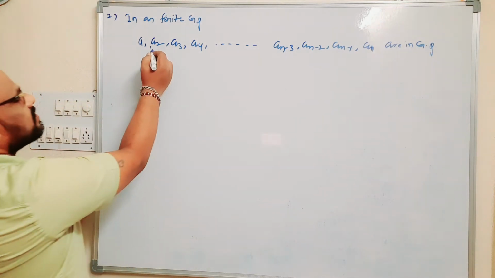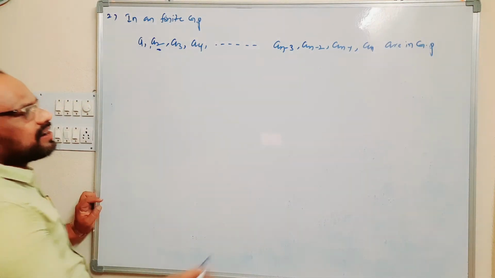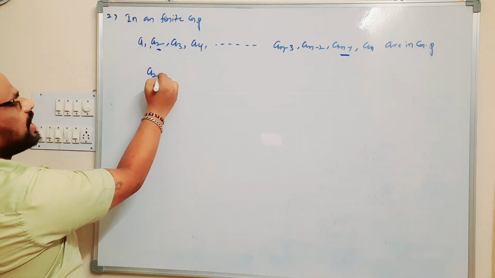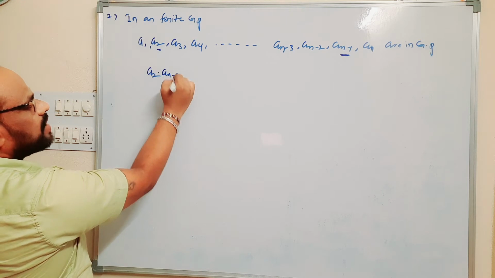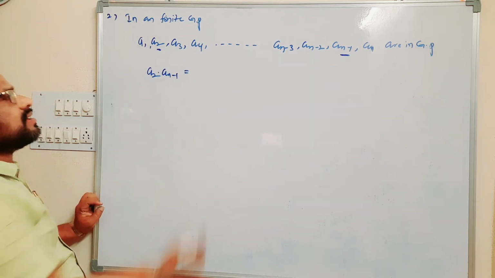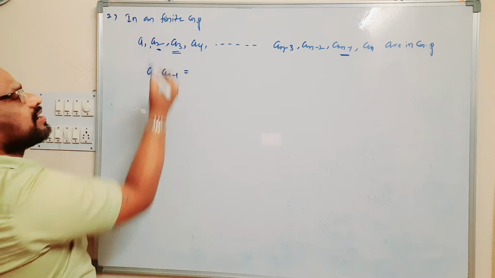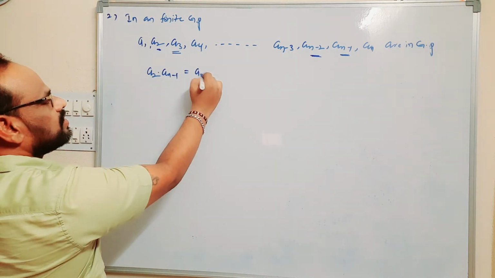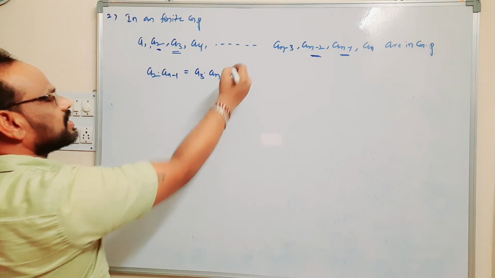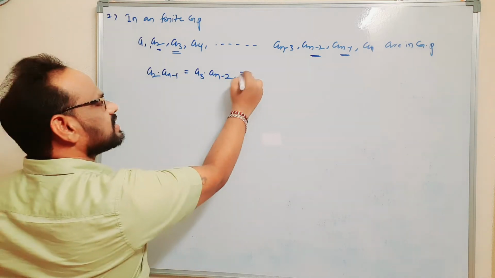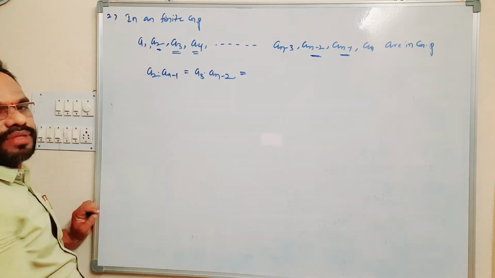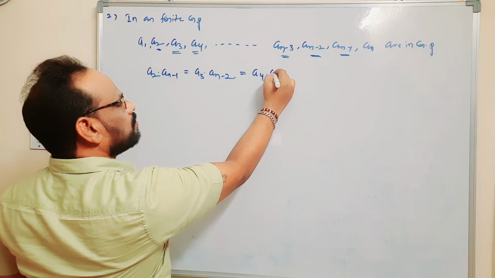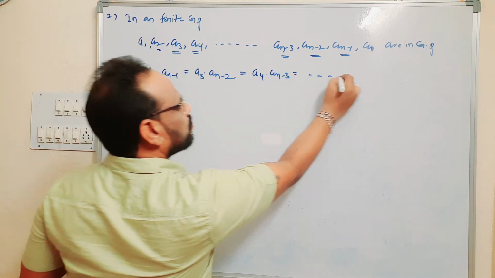If you take the second term from the beginning and the second term from the end, their product a2 into a_n minus 1 is the same as the third term from the beginning and the third term from the end, a3 into a_n minus 2, which is the same as the fourth term from the beginning and the fourth term from the end, a4 into a_n minus 3, and so on.